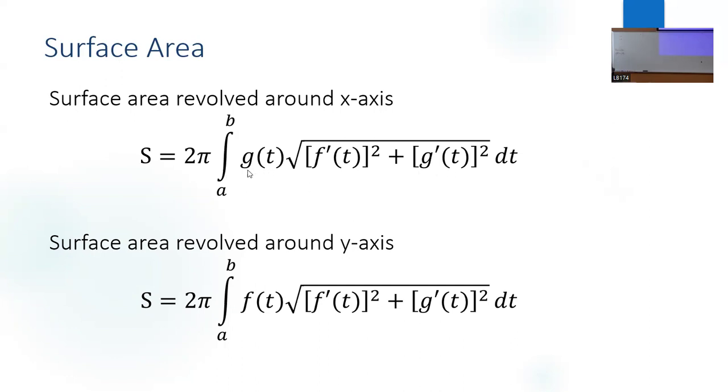But on the outside, these are not the derivative. These are our original function, our original function for y and our original function for x. So 2 pi for the rotational, 2 pi radius, square root.